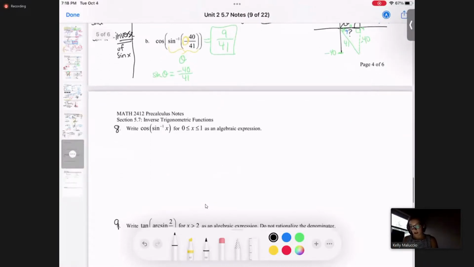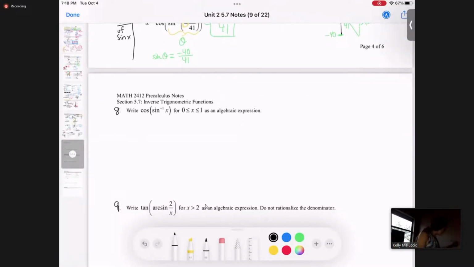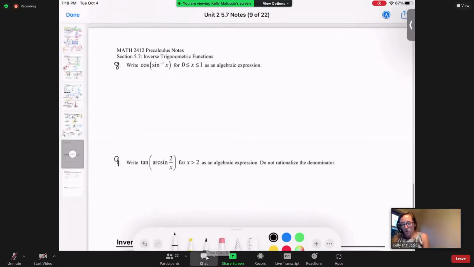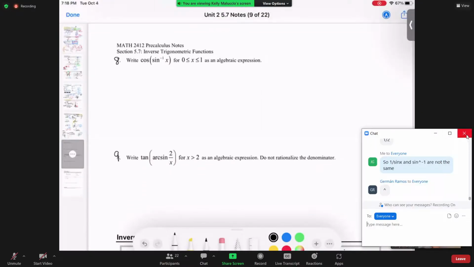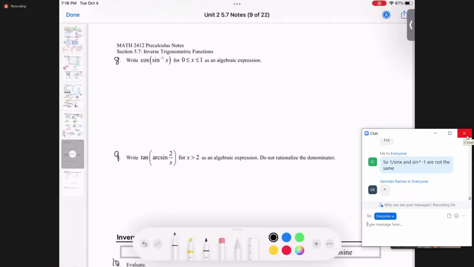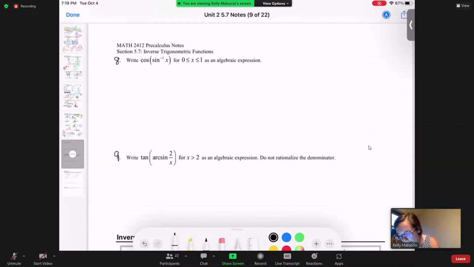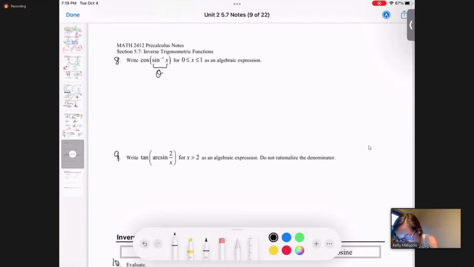I guess I could actually turn this light. Okay. So number 8 or 7, whichever your heart desires. We have cosine of inverse sine of x. So this would be like our theta, and we want to write it for x from 0 to 1 as an algebraic expression. It's a little bit weird here, but bear with me.